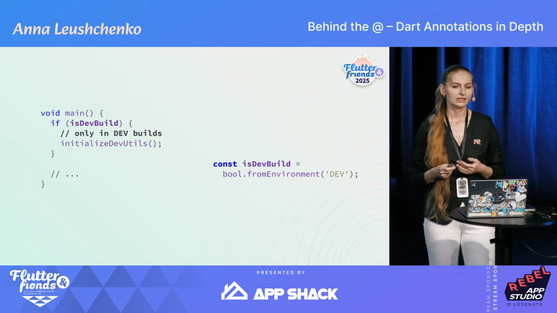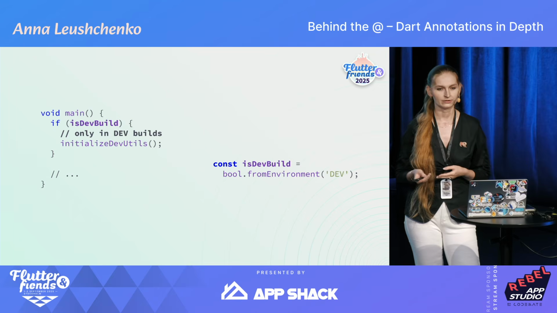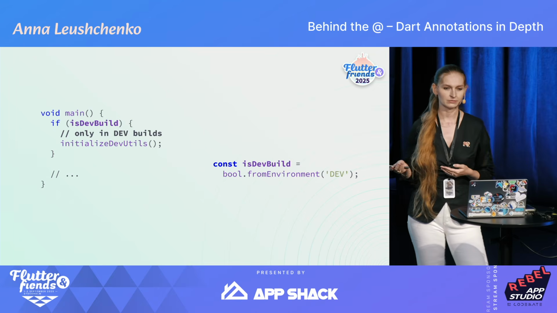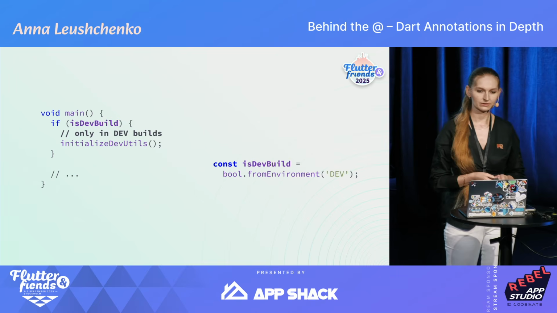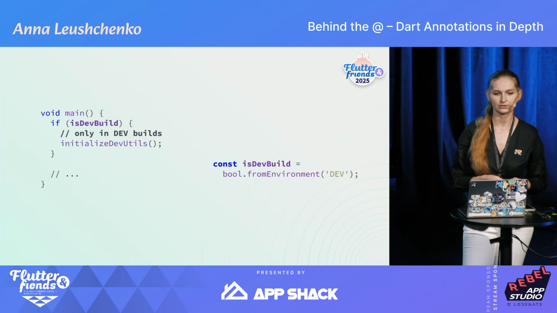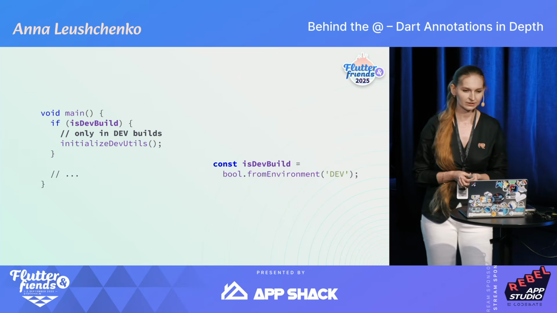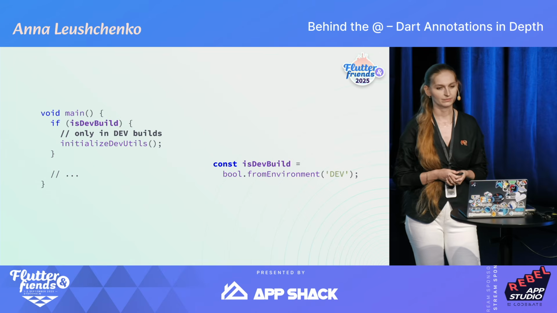Let me explain. In sizable projects, we may be relying on tree shaking to exclude some undesired code from the bundle. In this example, dev utils are only initialized for development builds, and we rely on tree shaking to exclude them from production builds. The tree shaking mechanism relies on constant values to decide about the dead code.